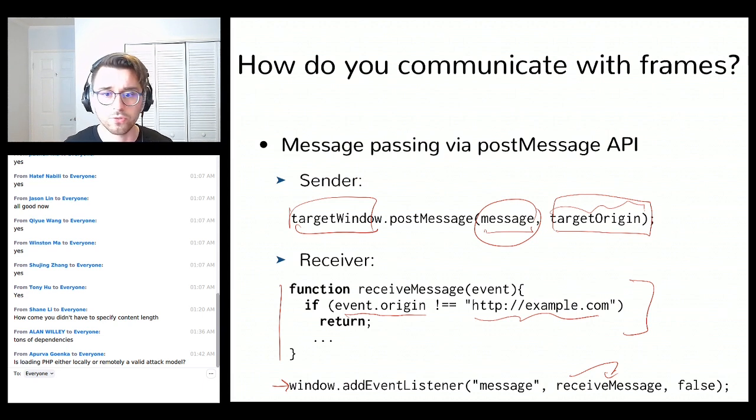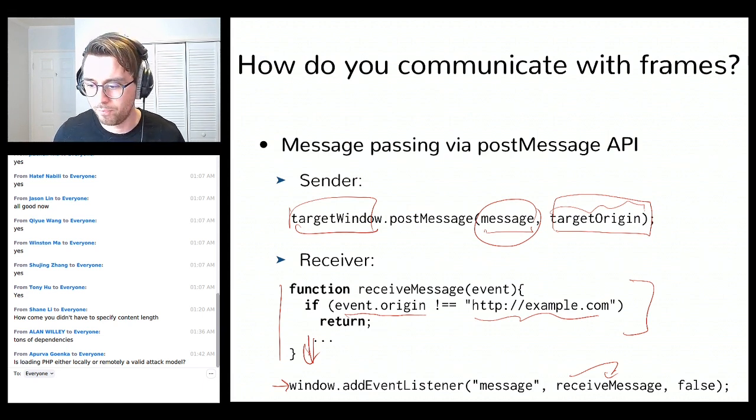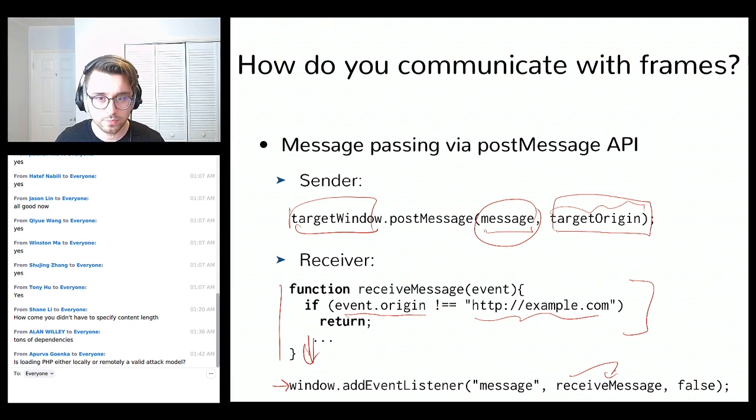So you should include something like the explicit origin, like http example.com, and then do your actual business in the function. This is a little bit gross, but basically the browser is forcing you to do a little bit of the validation yourself. If you don't, you get into all kinds of weird attacks, which we'll talk about in the next class. But essentially, the things that you need to check are origins, and specify origins when you send messages.